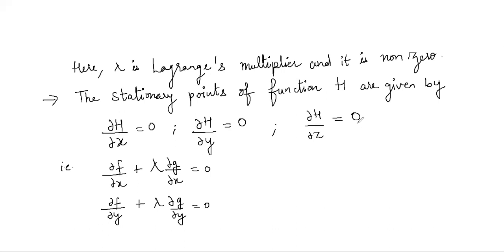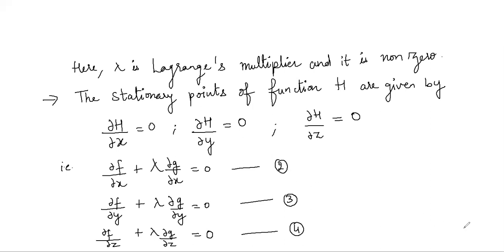And by considering the third partial derivative, del h upon del z, we will get del f by del z plus lambda del g by del z equal to 0. So we have three equations. Let us name these equations as 2, 3, and 4.